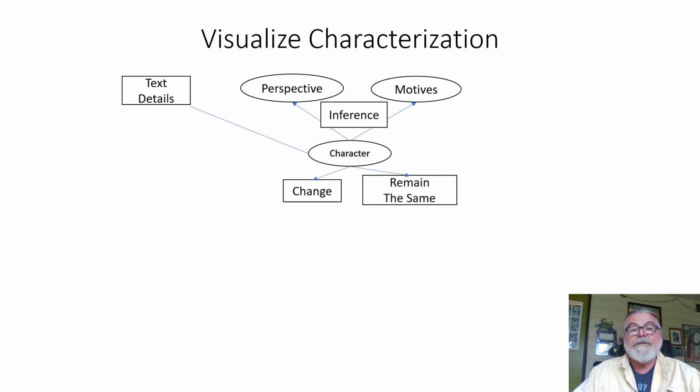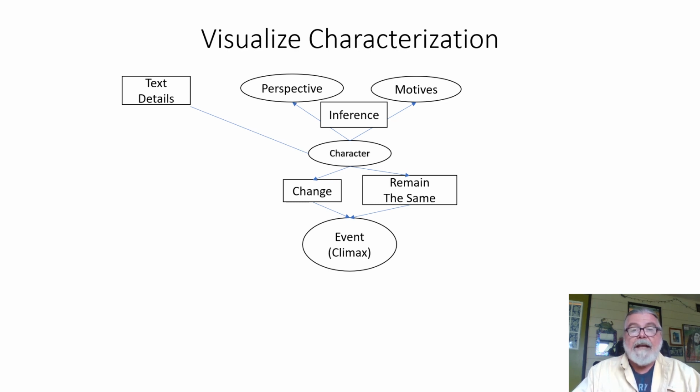Now, the character within the story could change, or remain the same. If we look back to King Lear, we see that King Lear was prideful, arrogant, mean-spirited at the beginning of the play, and at the end of the play, he changed. Well, we need to know what was the event, the climax that led to this? The event was he got kicked out of his daughter's castle and into the storm, which eventually resulted in his death.